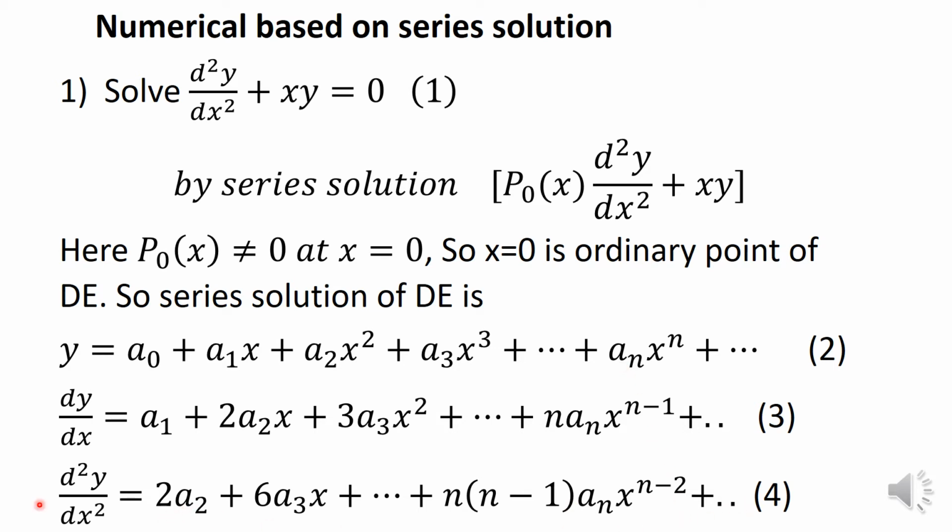We have to now put the values of y and d²y/dx² into the differential equation, because in the differential equation we have d²y/dx² + xy = 0. And if you put these values, this x you can take inside, which means y will become xy, so it will be a0x and so on.